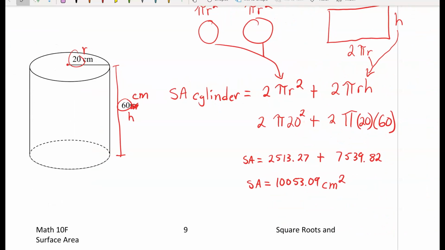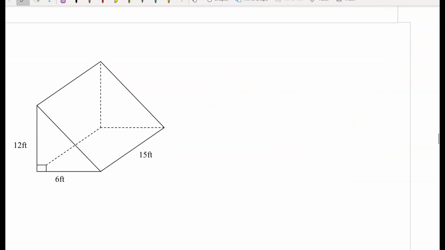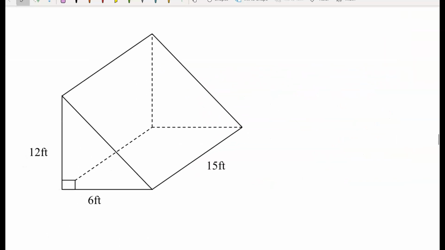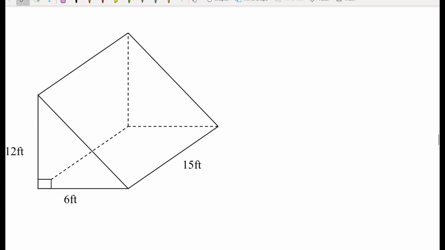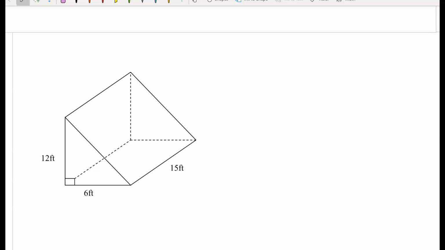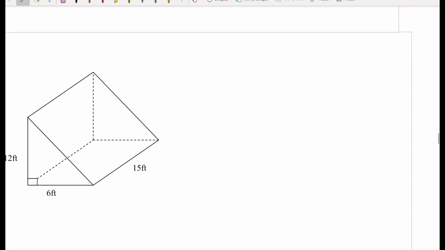Now that's how you would calculate for a cylinder. On the next page here, we're going to look at a triangular prism. When solving for a triangular prism, I always break down my shape into each individual side. So we have a triangle in the front, and a triangle in the back.